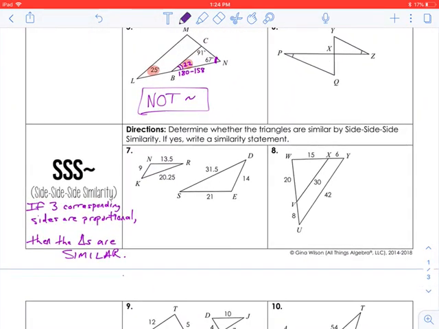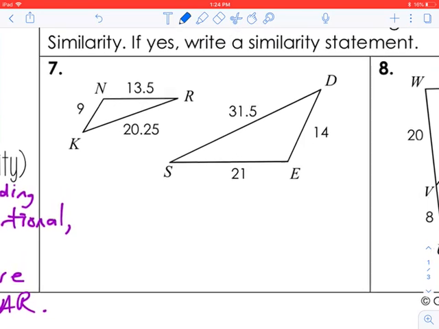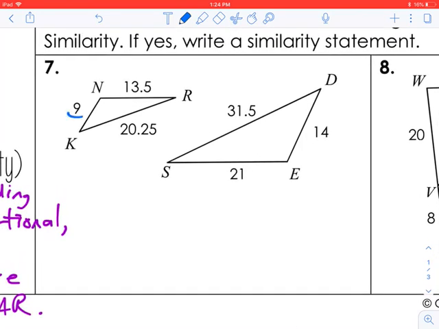So when you look at these, I'm seeing the biggest with the biggest, the smallest with the smallest, and so on. As I look at this first one, number 7, the smallest one is 9. The smallest one over here is 14. So 9 over 14, just so we get the same thing every time, 9 divided by 14 is 0.64, rounded.